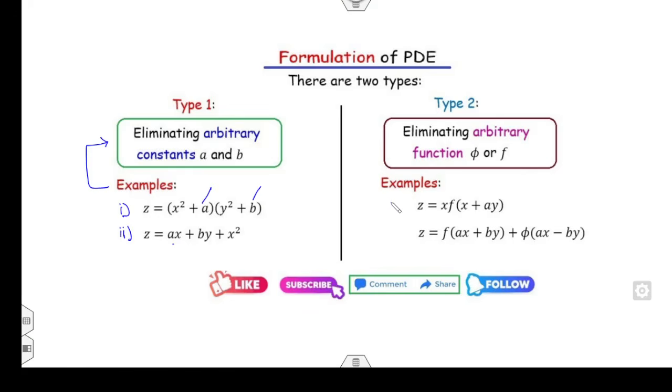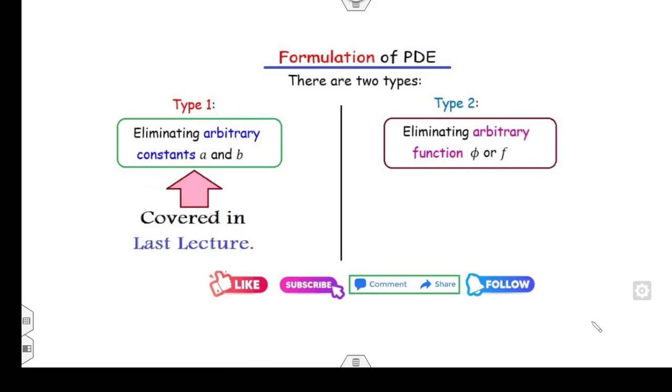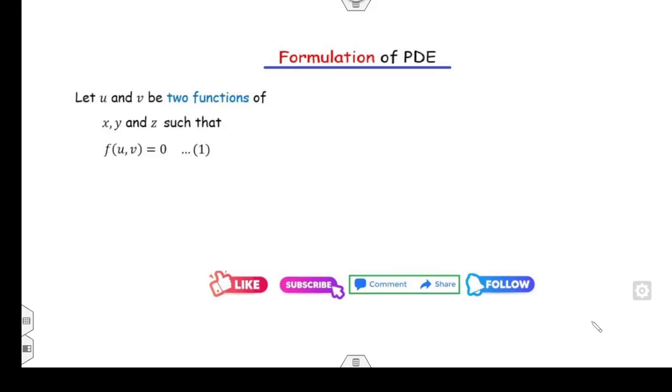Now, in this lecture, I will explain the part 2, that is type 2, how we can formulate the partial differential equation by eliminating the arbitrary functions, like f, phi, psi and so on. First of all, I consider u and v as my two functions.